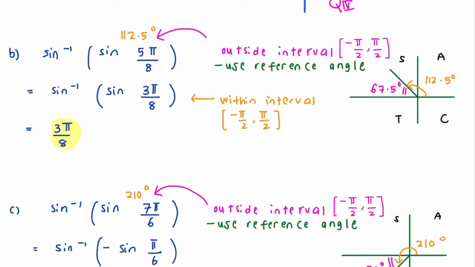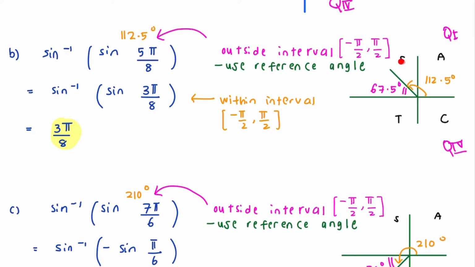So we have a crisis here because, like we said before, your domain must be from minus pi over 2 until pi over 2, so it must be only within quadrant 1 and quadrant 4. However, now we are in quadrant 2. So we must adjust this value in order to make it fall into quadrant 1 and quadrant 4 only.